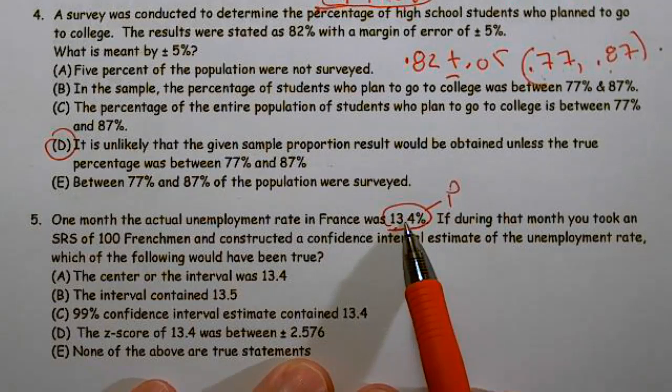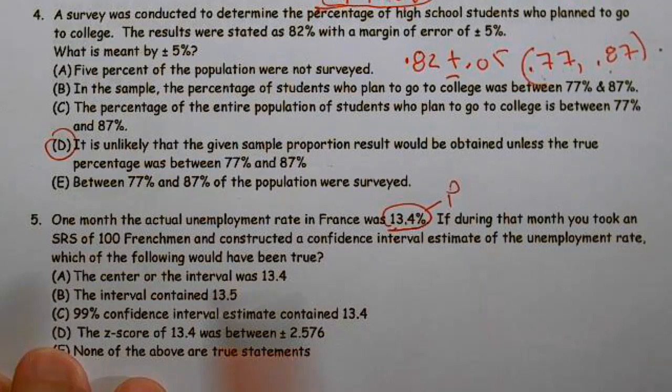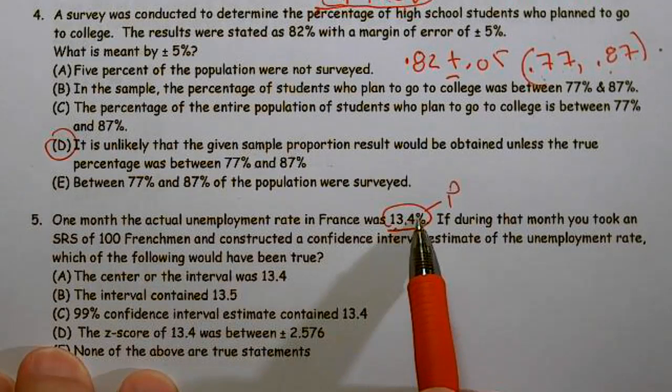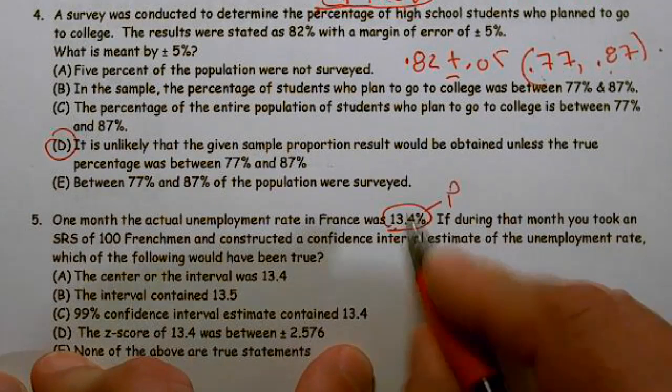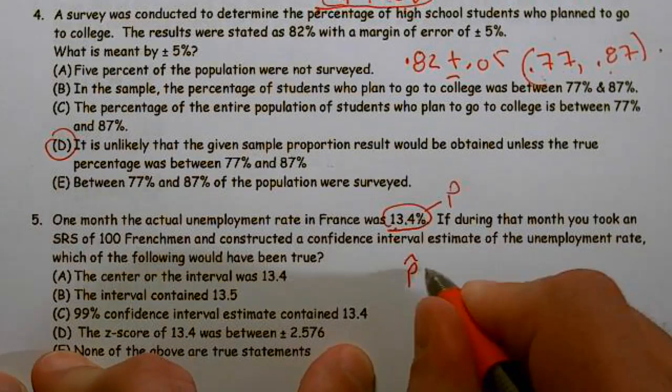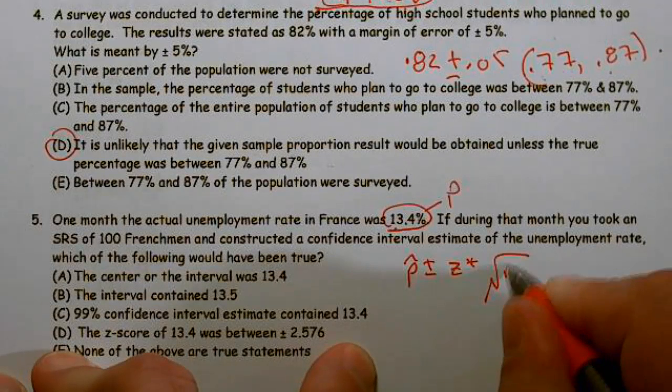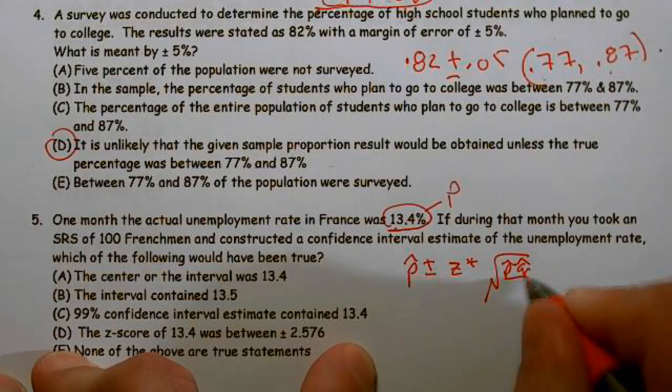All right. So if we take an interval, are we assured that the center is going to be p hat? I mean, going to be p. Well, here's what we're assured of. p hat plus or minus z star times the square root of p hat q hat over n.